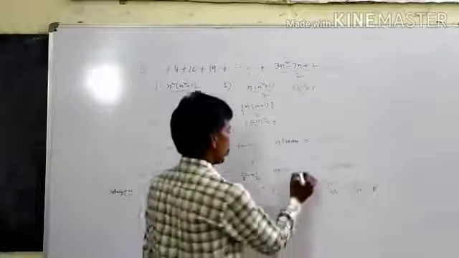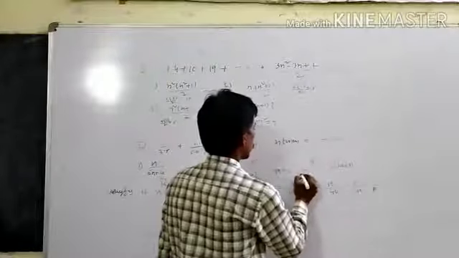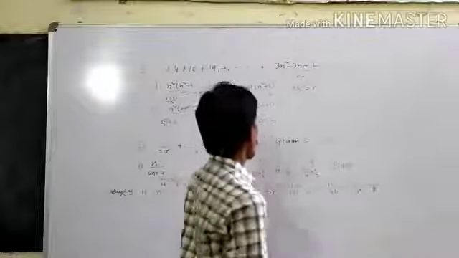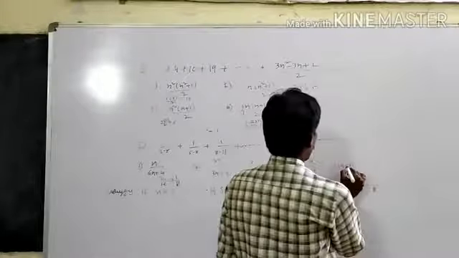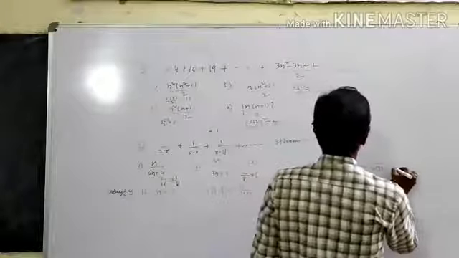Third option, 2 by 8 plus 6, that is 2 by 14, that is 1 by 7. Fourth option, 1 by 2 into 4 plus 3, 7, that is 1 by 14.